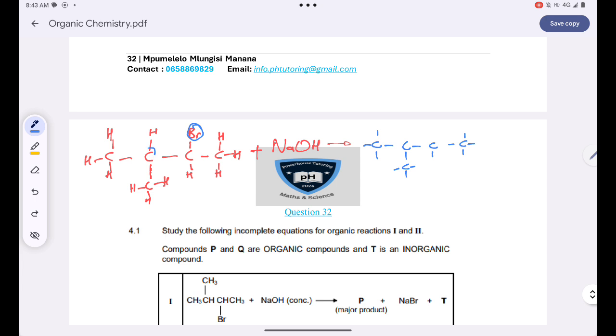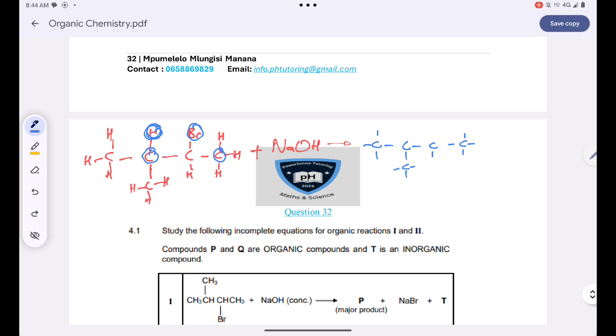This carbon over here is only bonded to one hydrogen, but the carbon at the terminal end is bonded to 3 hydrogens. So it simply means I will take this hydrogen and the bromine.